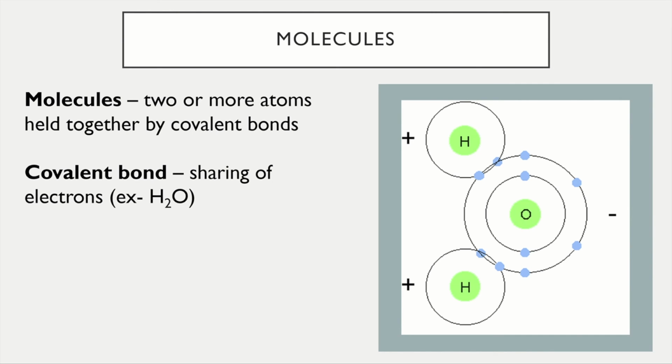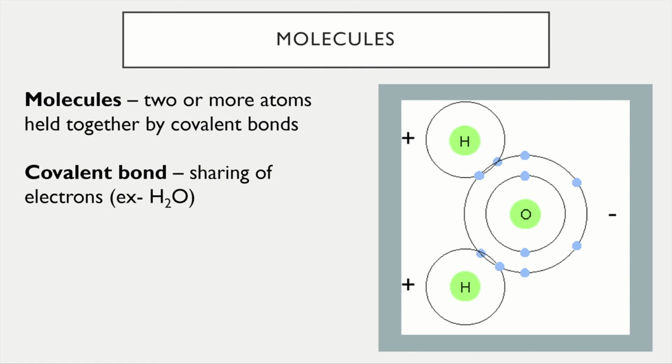Now when atoms link together, we're going to call them molecules. So a molecule is 2 or more atoms held together by covalent bonds. And a covalent bond is going to be the sharing of electrons. So we can look at an example here of H2O, which you know and love as water. So we can see that oxygen has 6 electrons in its outer shell.